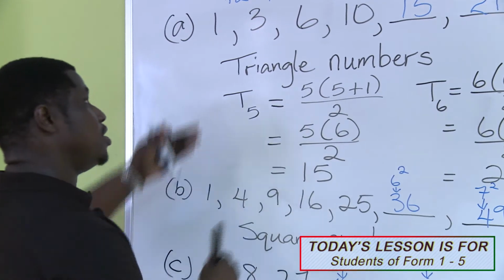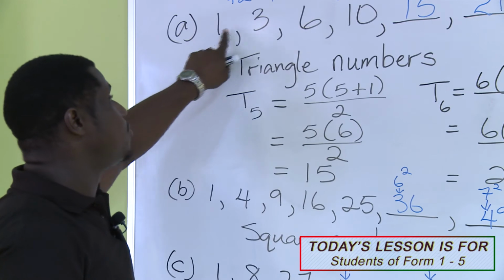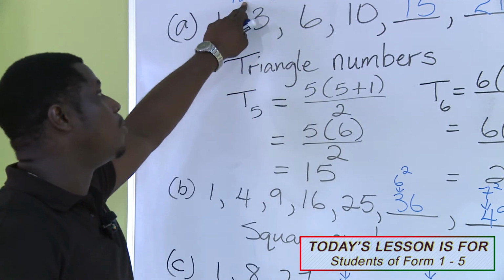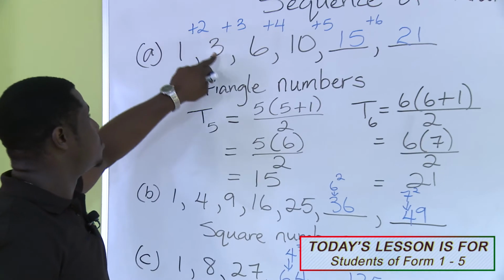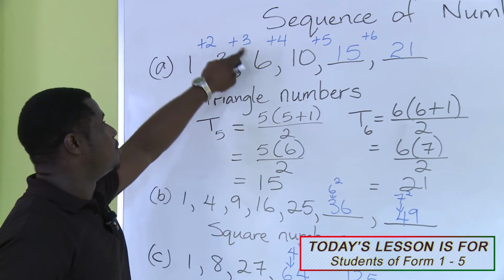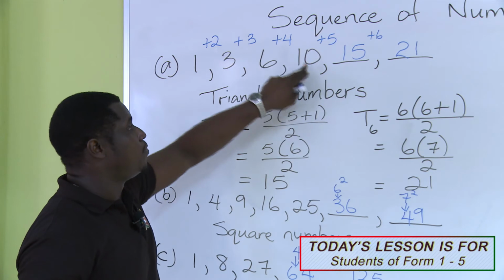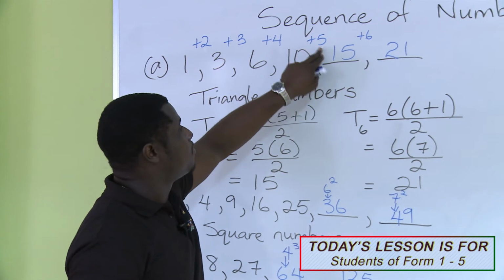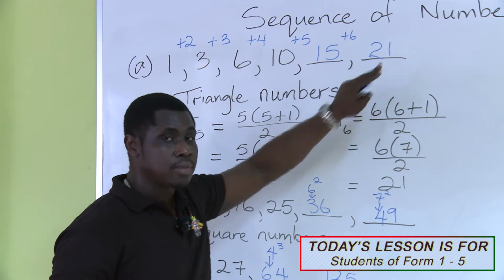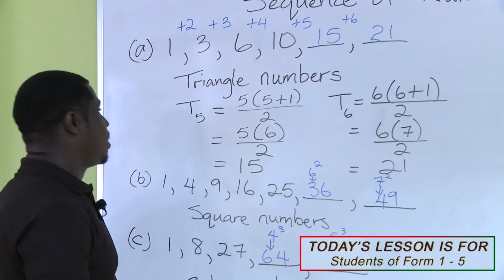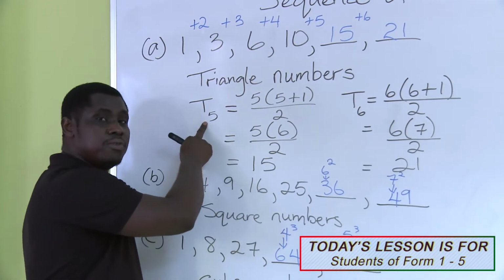Now, we could have done it this way. For every term, I'm going to add one more than I previously added. So 1 plus 2 is 3, 3 plus 3 is 6, 6 plus 4 is 10, 10 plus 5 is 15, and 15 plus 6 is 21. If I wanted, however, I could have used the formula that I gave you before.